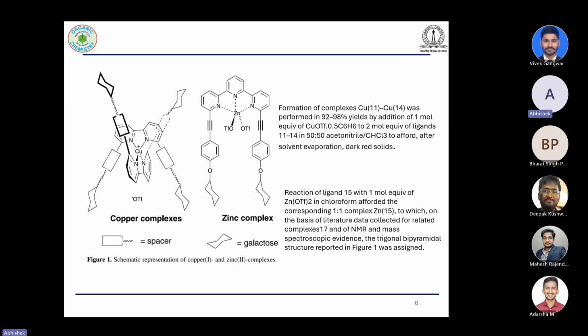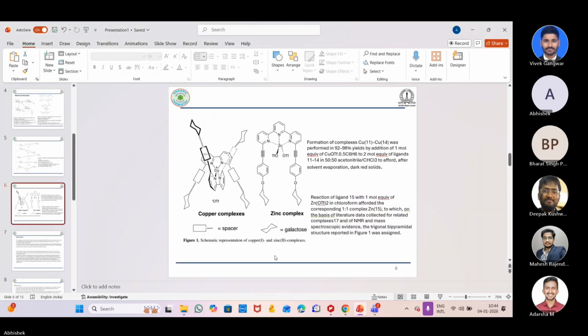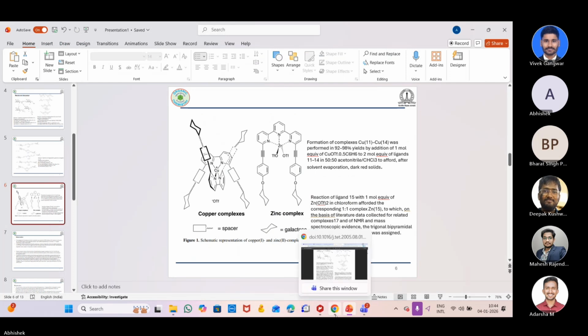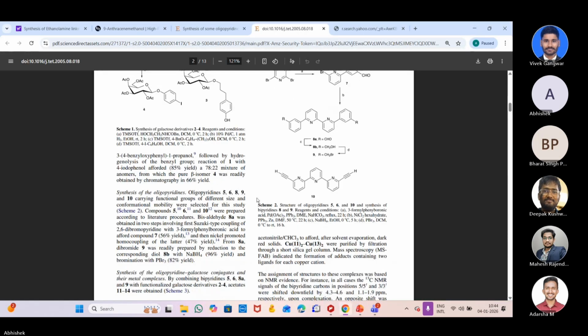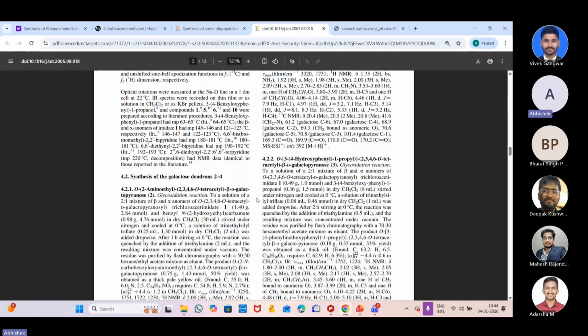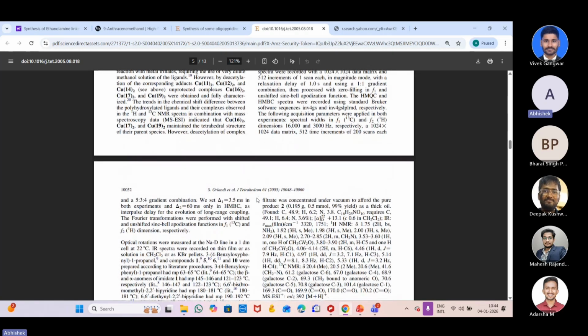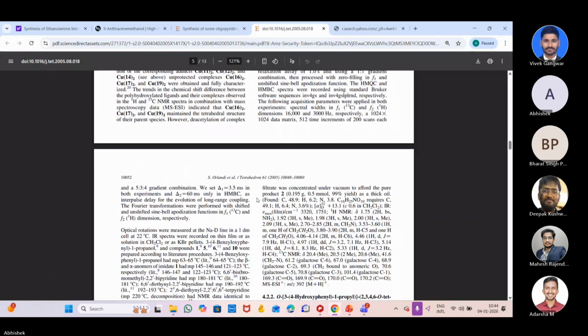I tried to search for that NMR where they mention it, but I didn't find it. They are giving the NMR values actually, but they are not comparing the NMR data before and after.